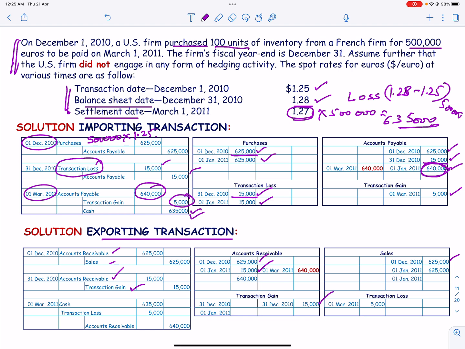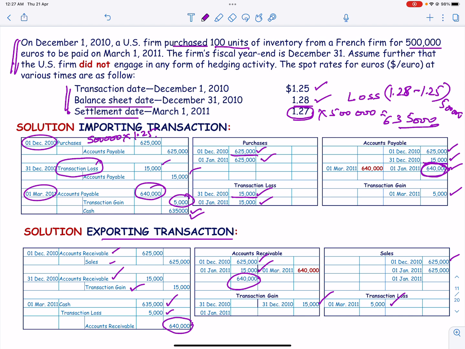Again, they are going to get the money. So account receivable is 640,000, and from this 640 they receive cash of 635, and there is a transaction loss over here of 5,000. So previously there was a transaction gain and now we have a transaction loss.